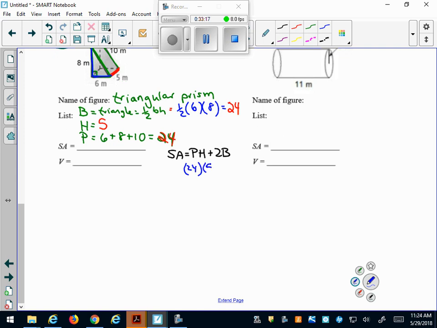Height, H, is 5, so that's the PH, plus 2 times area of the base is 24. 24 times 5 is 120. 2 times 24 is 48. You got to do those separately, right? And then add them together is 168. So our surface area is 168. Since it's area, it's square meters.